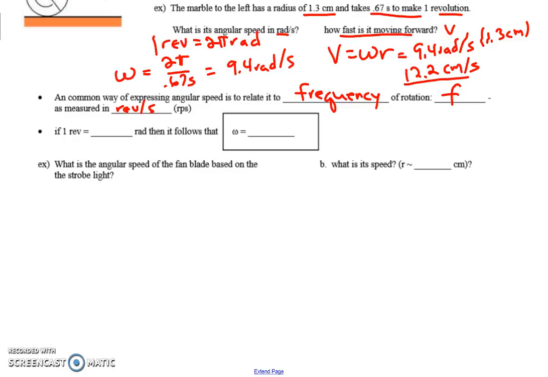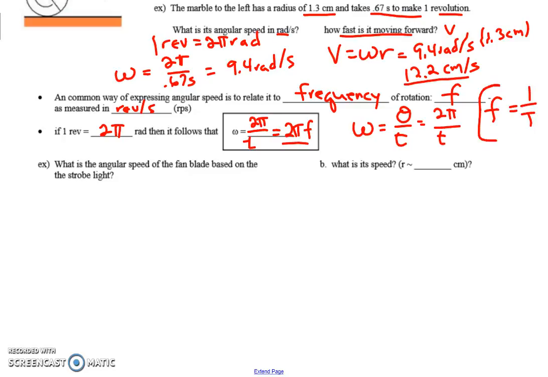And again, if one revolution is 2 pi radians, then it would follow that omega, which is theta over t, with one revolution corresponding to 2 pi over t, so omega would be 2 pi all over the time, and that's also equivalent to 2 pi f. So I guess that's something we haven't established yet, and I take it for granted. An important thing to realize is frequency is equal to 1 over period, the reciprocals of one another.